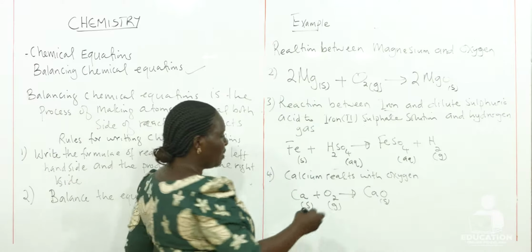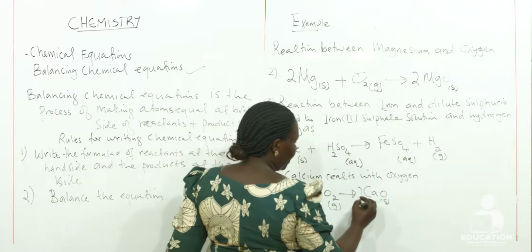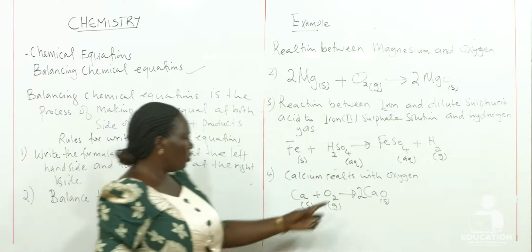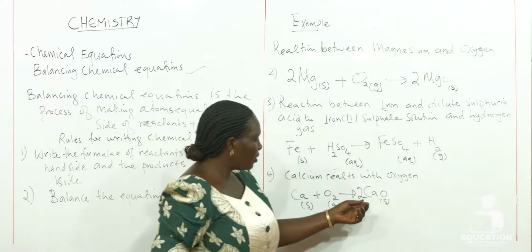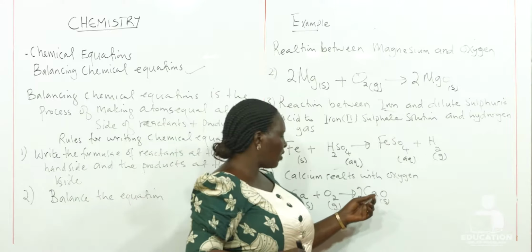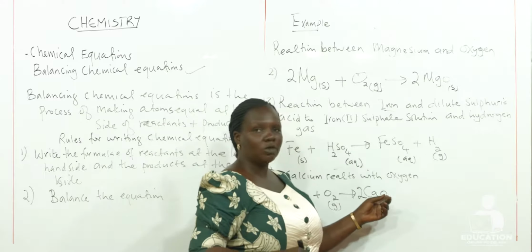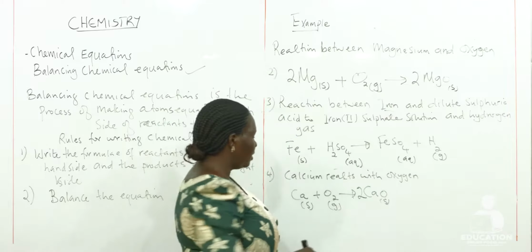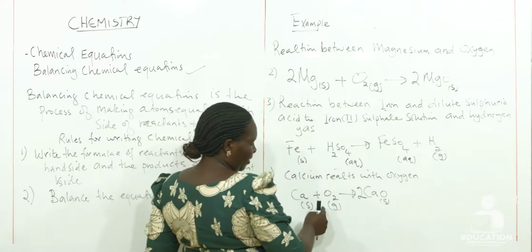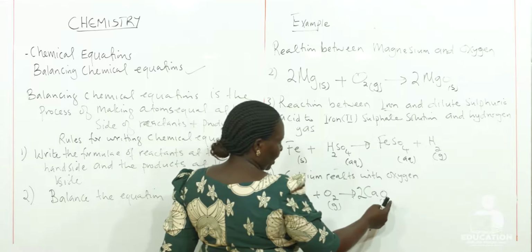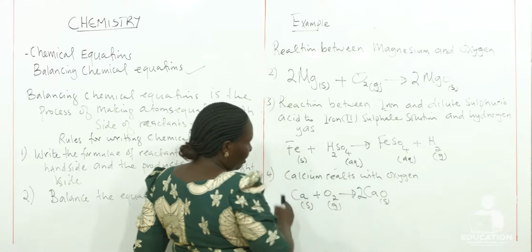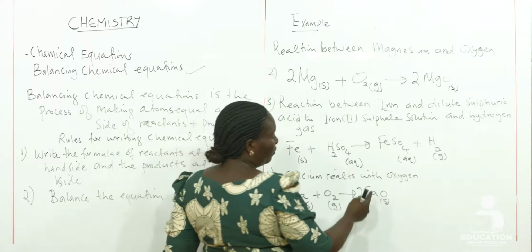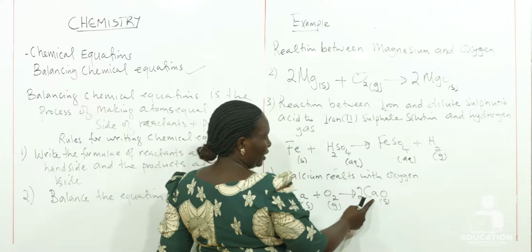Then let us place 2. We start by placing 2. We said we place whole numbers. So this 2 means we have 2 atoms of calcium and 2 atoms of oxygen. Therefore, now oxygen, we have 2 oxygen at the left hand side and 2 oxygen at the right hand side. But again, we have 1 calcium at the left hand side, and then we have 2 calcium at the right hand side.